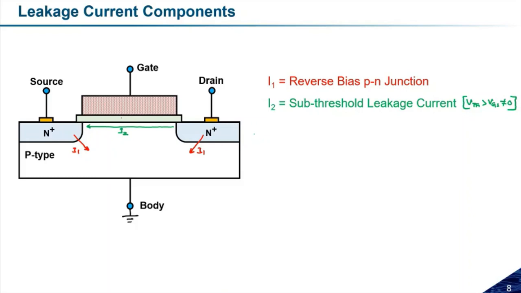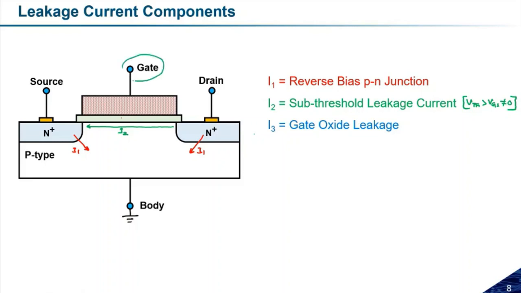Now the third kind of leakage current is the gate oxide leakage current. Gate oxide leakage current is due to the tunneling of electrons between the gate and the substrate region when a high electric field is applied at the gate oxide region.